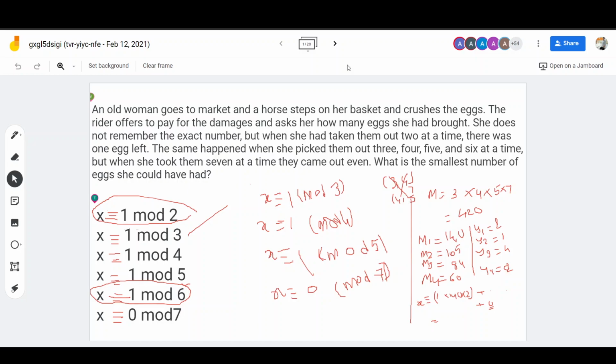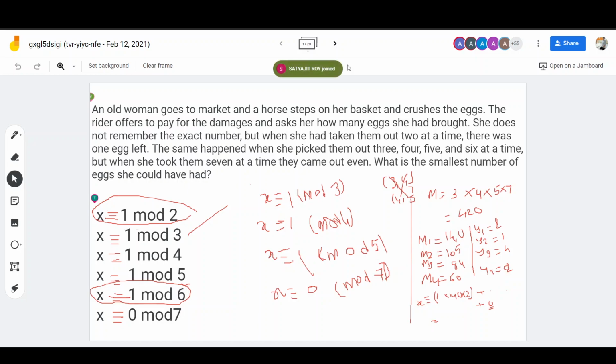Here we will get 2 into 280 plus 1 into 105 plus 4 into 84, that is 336, and the last one is 0.